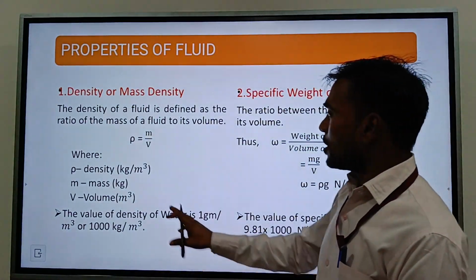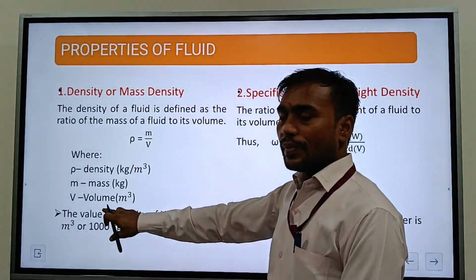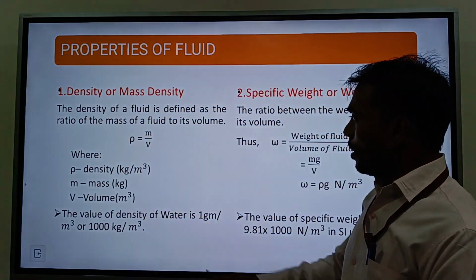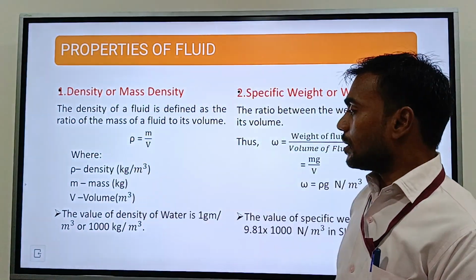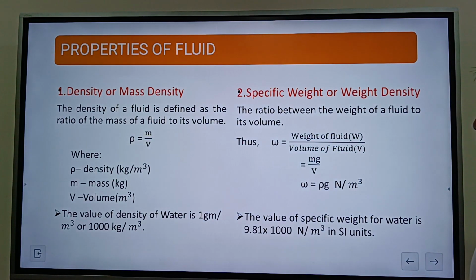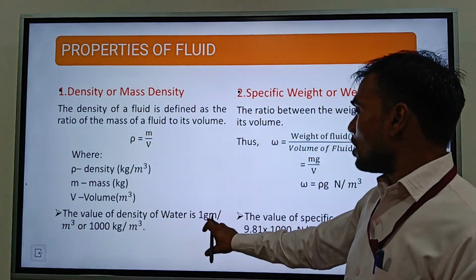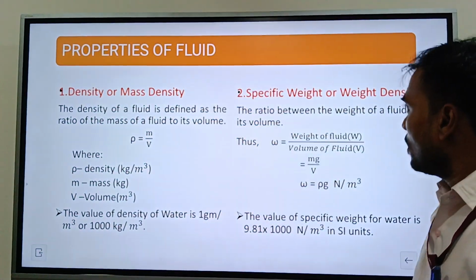Mass is measured in kilograms, whereas volume is measured in meter cube, so the unit of density will be kilogram per meter cube. The standard value of density for water is taken as 1 gram per cubic centimeter, or 1000 kilogram per meter cube.